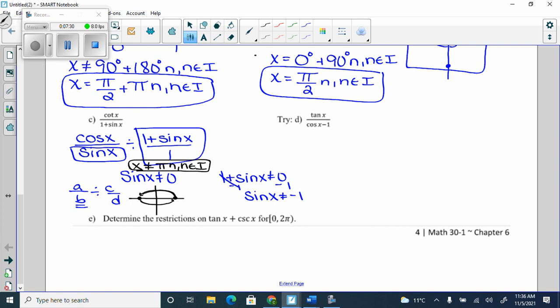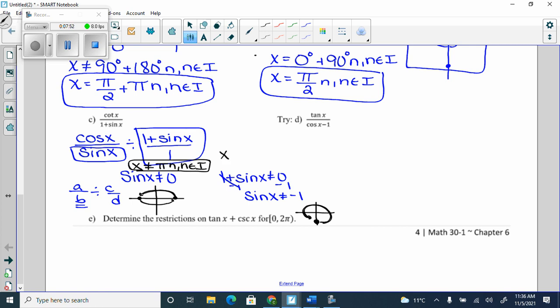Then I have to state all the places where sine x equals -1 and say it can't equal those. Well, where is sine x equal to -1? Where y is equal to -1, which is here. And then it would just have to go 360 around, right? So it'd be 270 degrees plus 360 n, n an integer, correct? That would be in degrees.